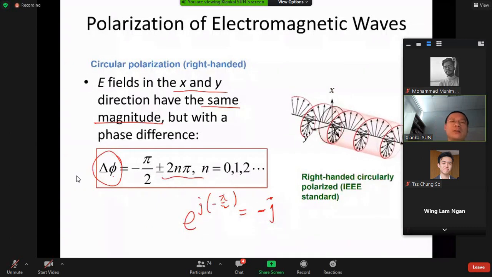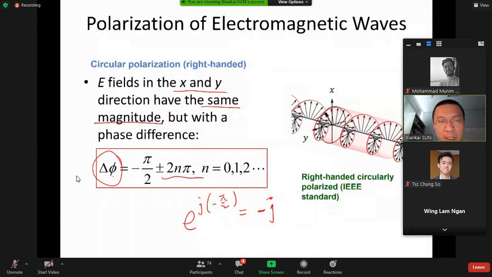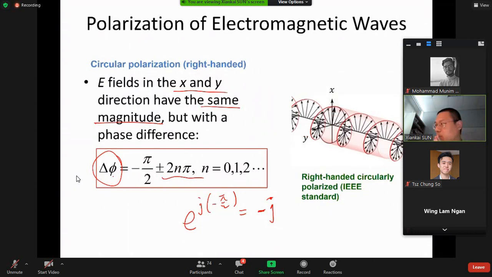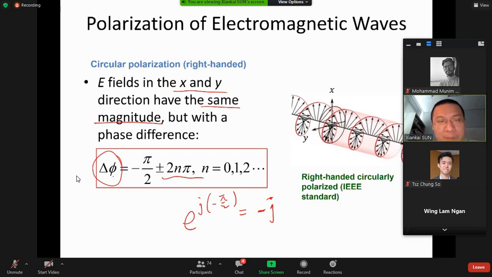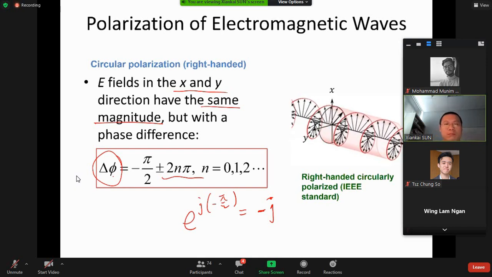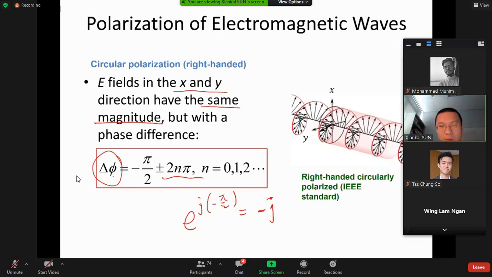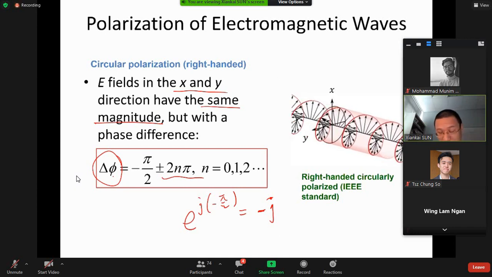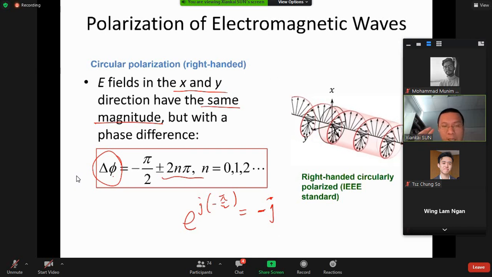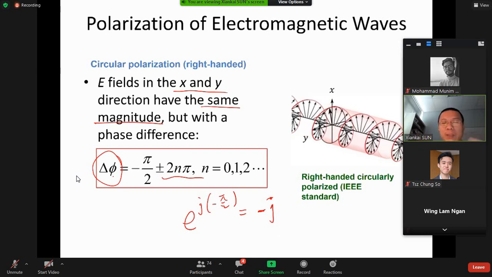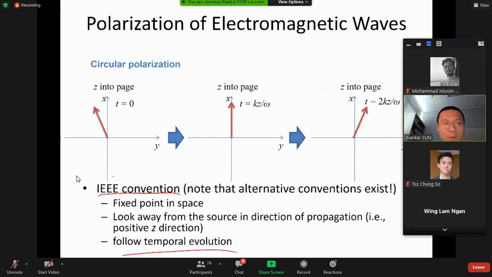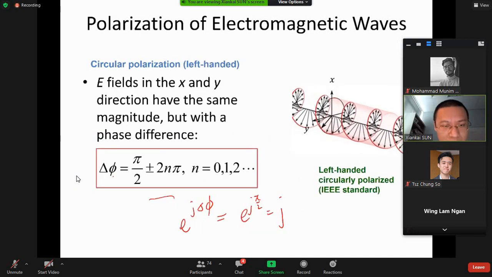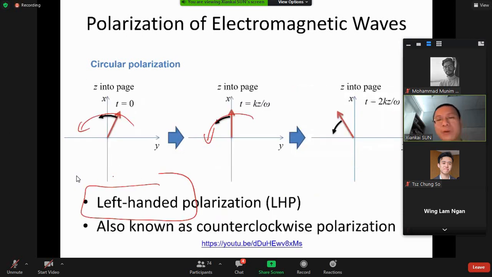First, the x and y components of the E field must have the same magnitude. Second, the phase difference of these two components must be half of pi: minus half of pi for right-hand polarization and plus half of pi for left-hand polarization.